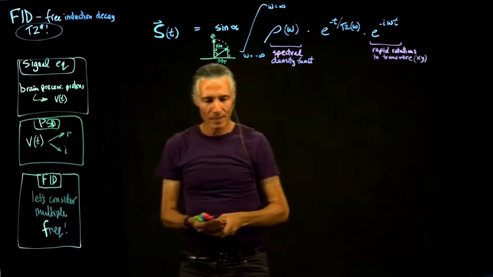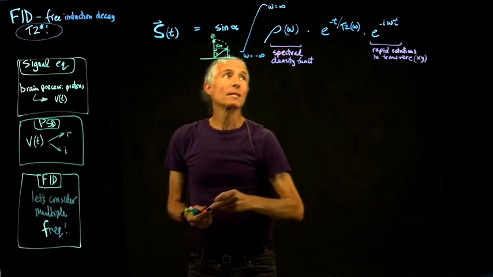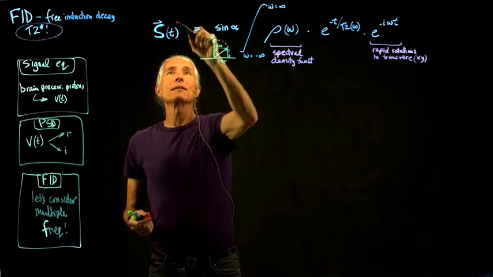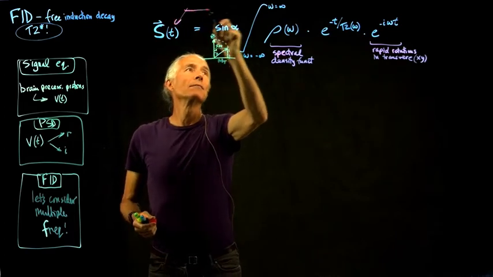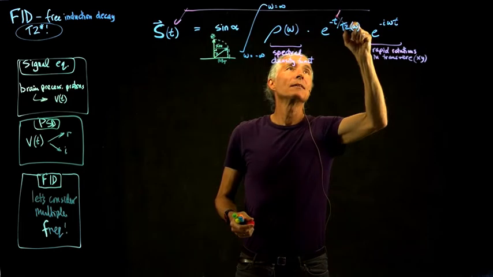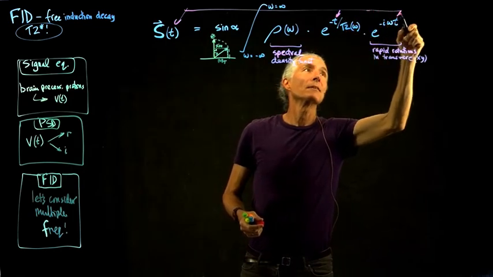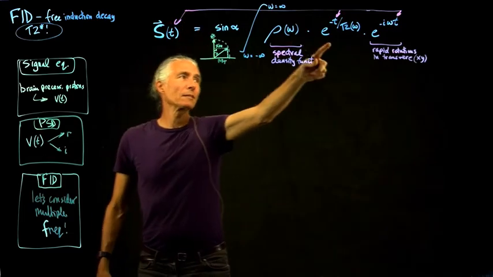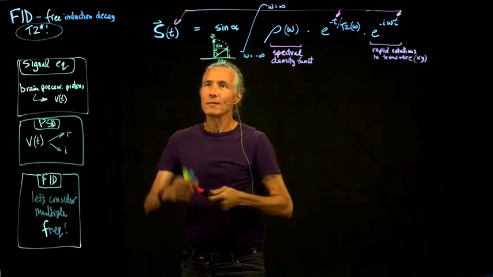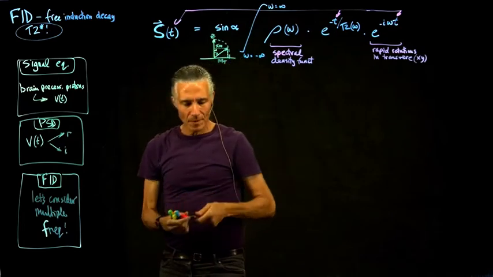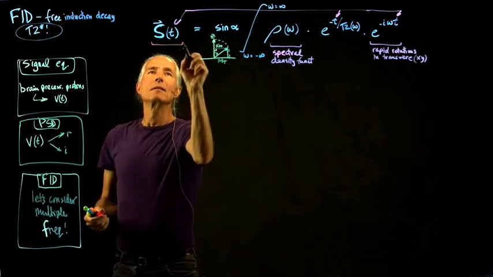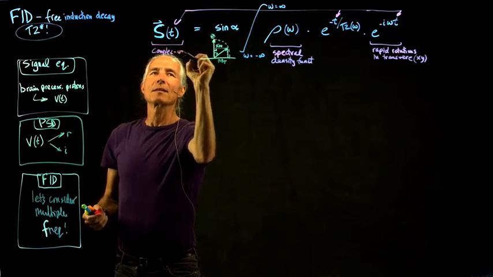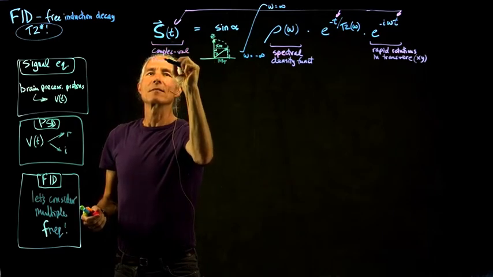When you look at these equations, one thing to keep in mind is that there's a t here, a t here, and a t here. So this equation is a function of time. That's how time gets into this signal. This is our complex recorded signal.